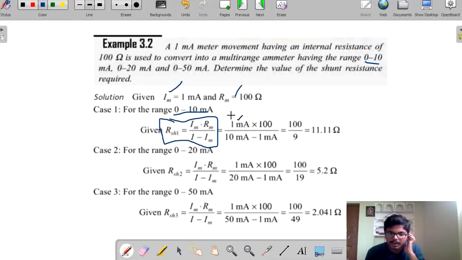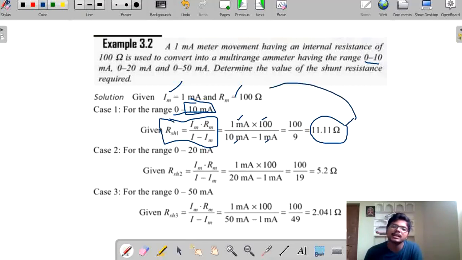What is RM? 100. What is I? I is the maximum value given in the range, 10 milliamperes, minus IM, 1 milliampere. By solving this I will get a resistance of 11.11 ohms. It is indicating that when I place my shunt resistance of 11.11 ohms, I can get a maximum of 10 milliamperes of current.